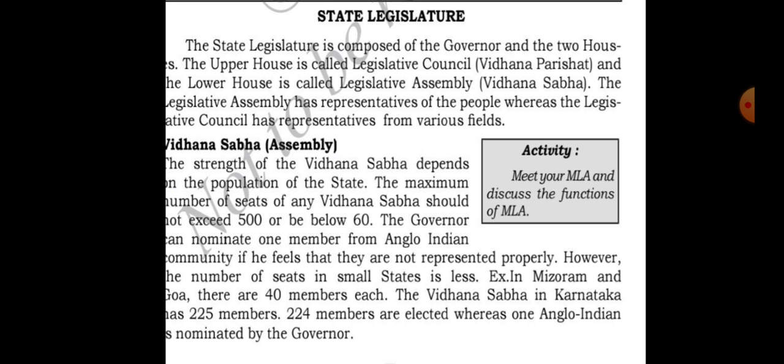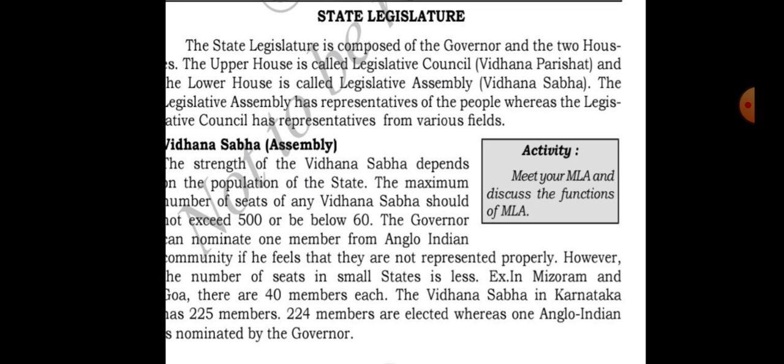The minimum should be 60. The governor can nominate one member from the Anglo-Indian community if he feels that they are not represented properly. Once again, it is the discretion of the governor.